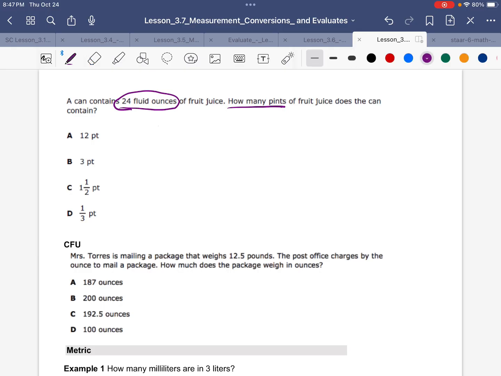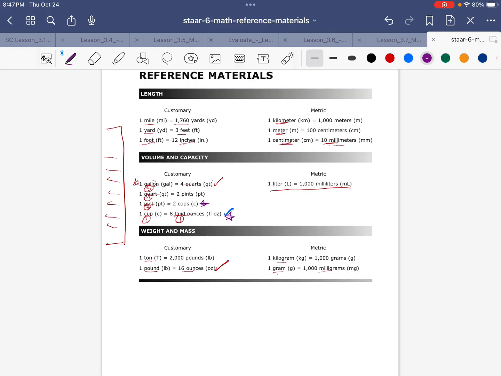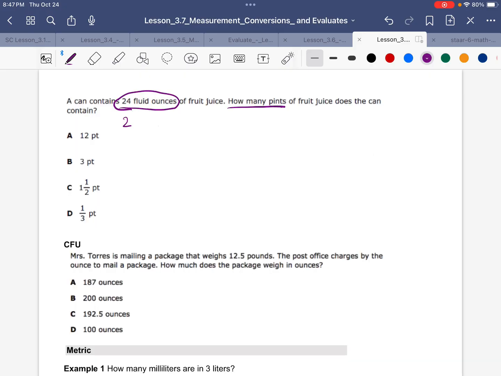2 cups to 1 pint. 8 ounces to 1 cup. 1 pint is 2 cups. I keep forgetting that.